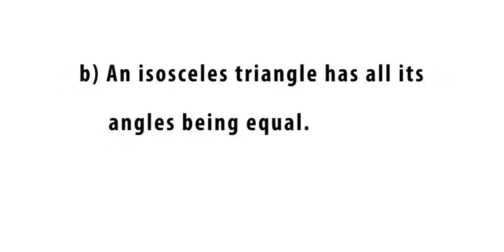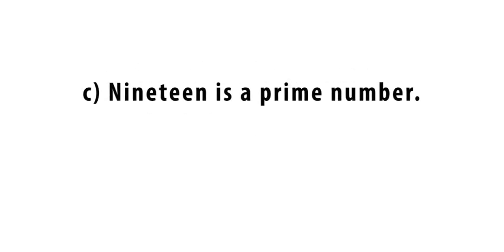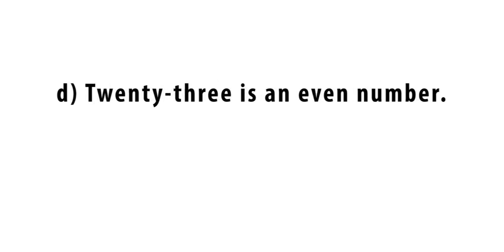B, an isosceles triangle has all its angles being equal. C, 19 is a prime number. D, 23 is an even number.